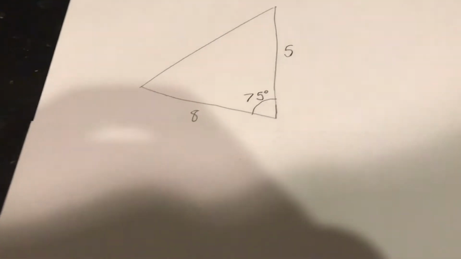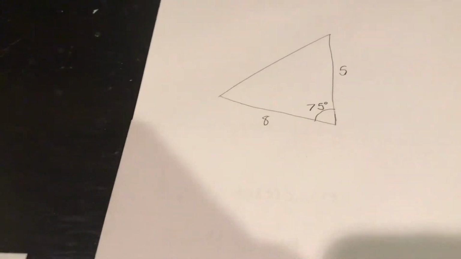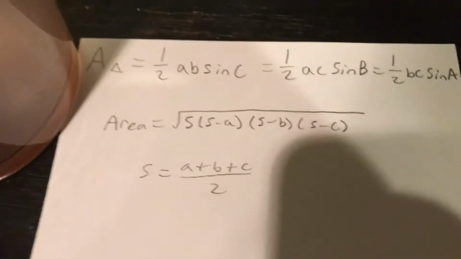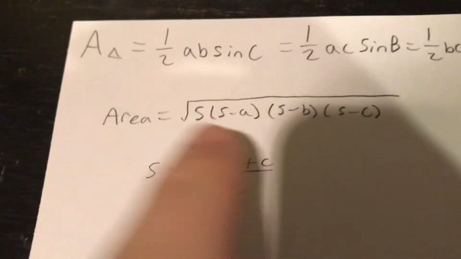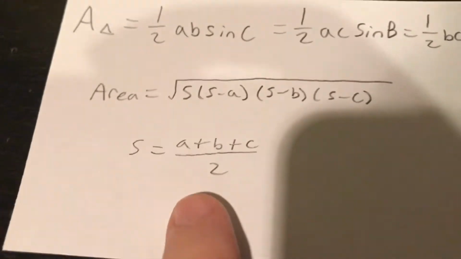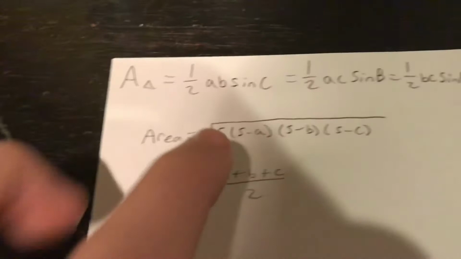Alright, so next up we are finding the area of a triangle. So this is a side angle side triangle. So we cannot use the bottom equation right here because we do not have enough to find S, because we do not have three sides. We could find three sides, but it's simpler just to use one of the top equations.